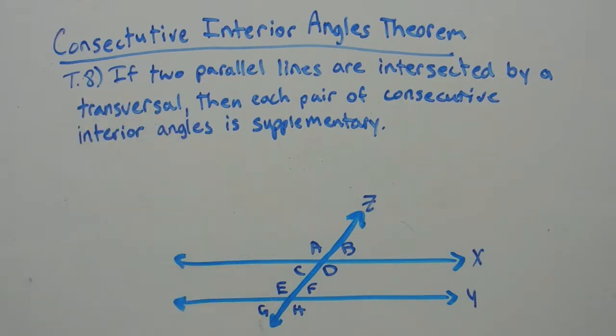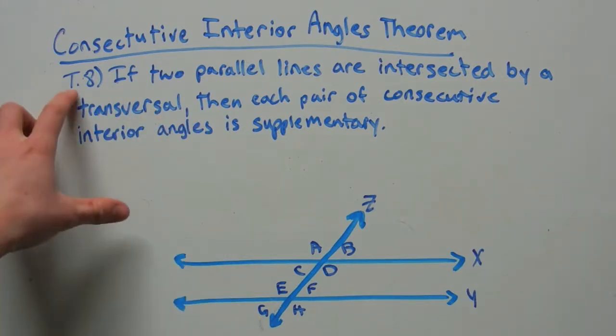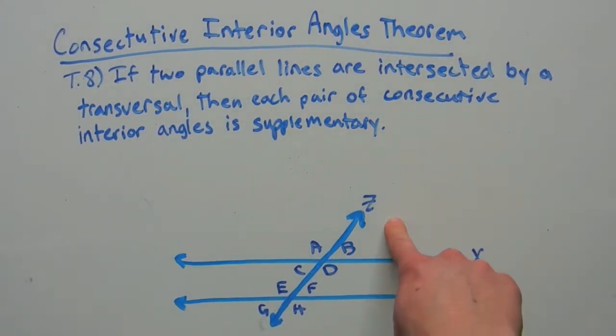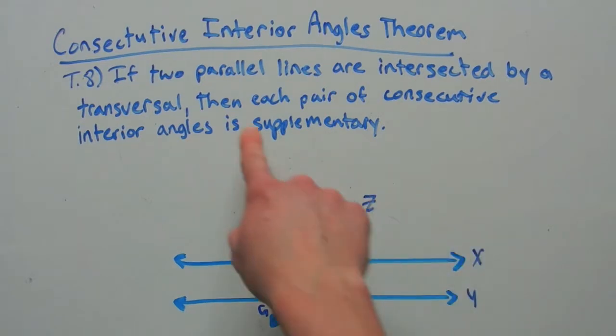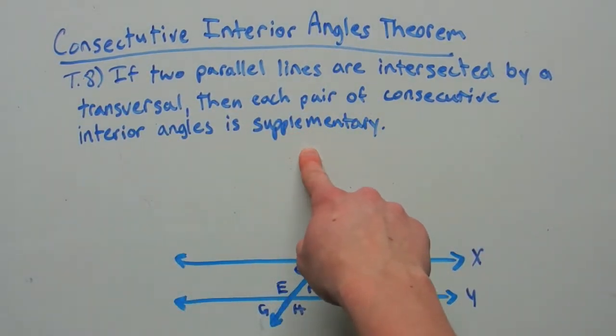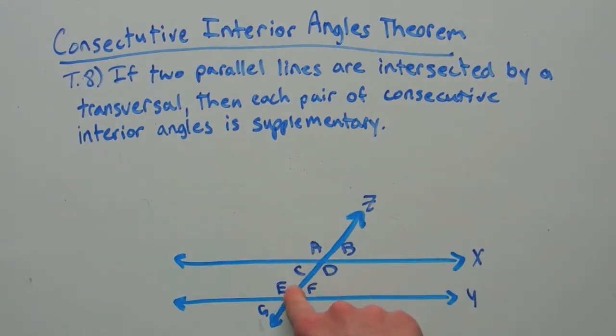So what the consecutive interior angles theorem, or T8 in our case, states is that if two parallel lines are intersected by a transversal, again using the picture from the last video, x and y are parallel lines intersected by the transversal z, then each pair of consecutive interior angles is supplementary. So that means that C and E are supplementary and D and F are supplementary.